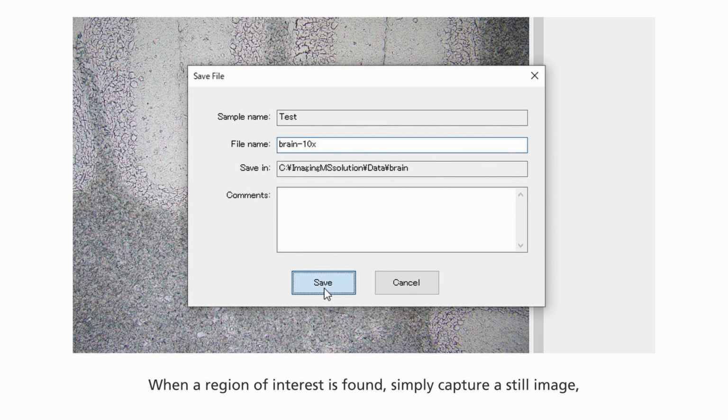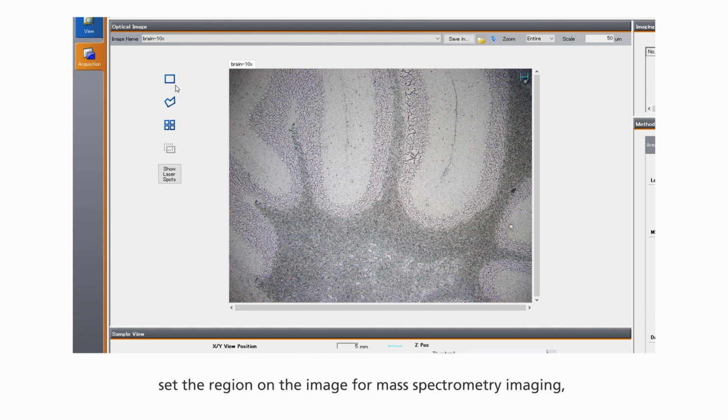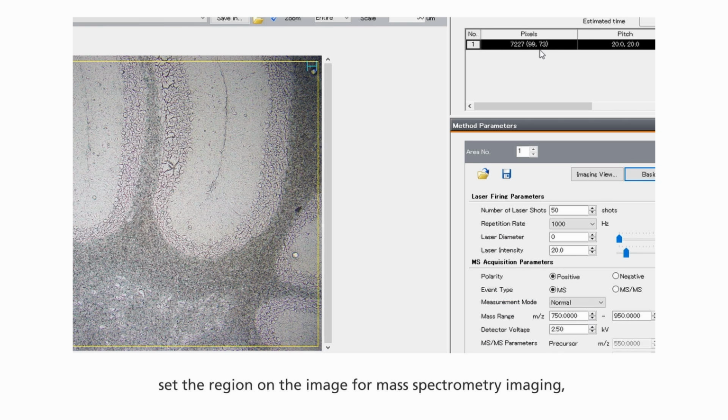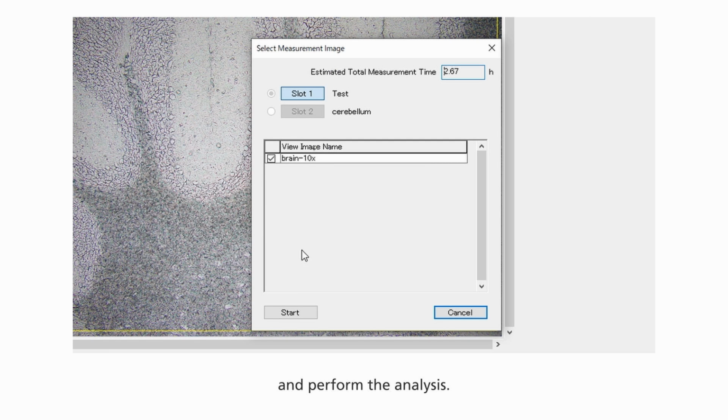When a region of interest is found, simply capture a still image. Set the region on the image for mass spectrometry imaging. And perform the analysis.